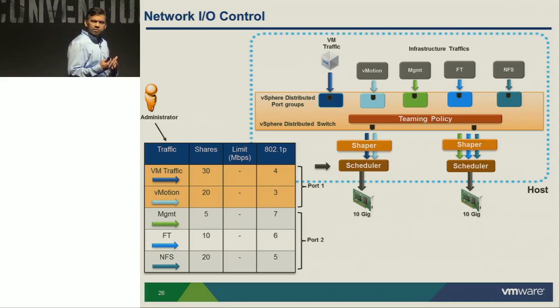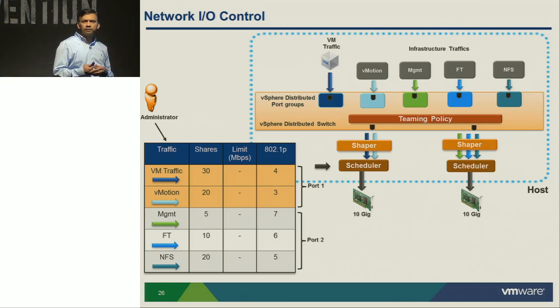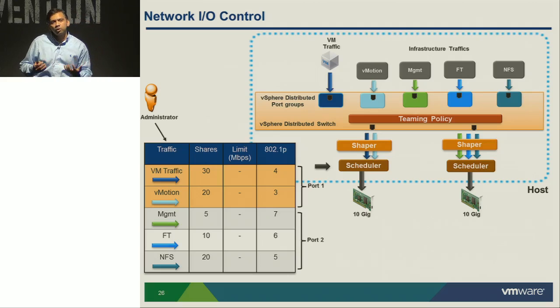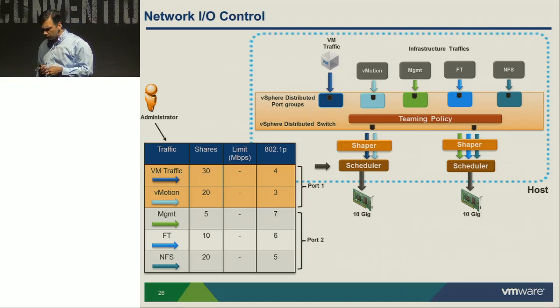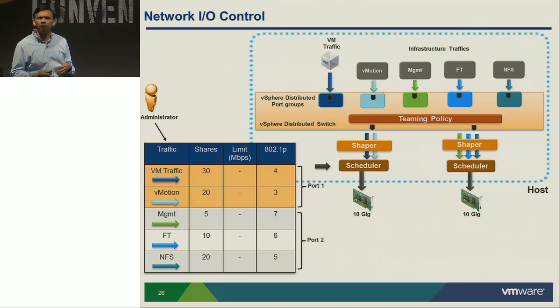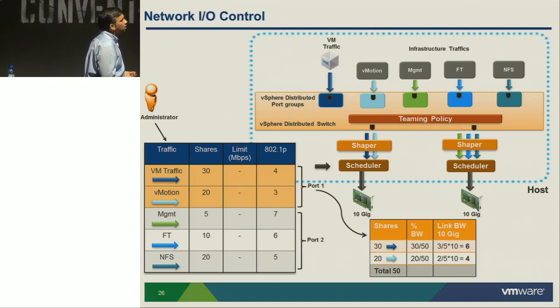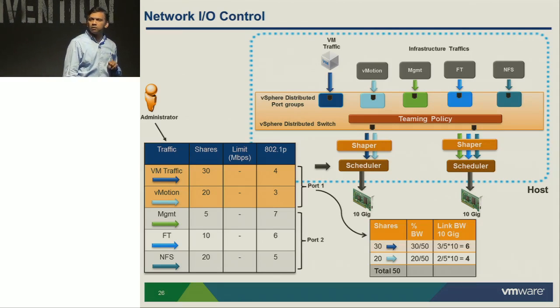The shares are relative. It's the relative importance of that particular traffic. So what I'm saying here is that virtual machine traffic is more important than the vMotion traffic. Now the first question that comes in is, what does this share do? How does it translate into bandwidth? So this is the bandwidth calculation.